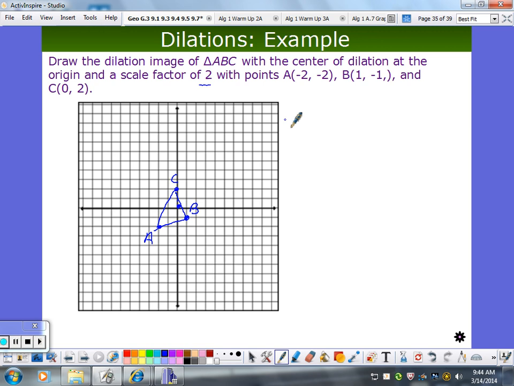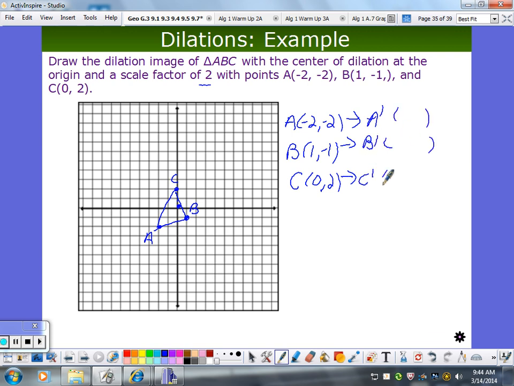It's 2. So if I have my original points, and I'm going to perform this transformation, you multiply x and y by the scale factor. So I'm multiplying everything by 2. Hopefully I did that right. And then I just have to find it.